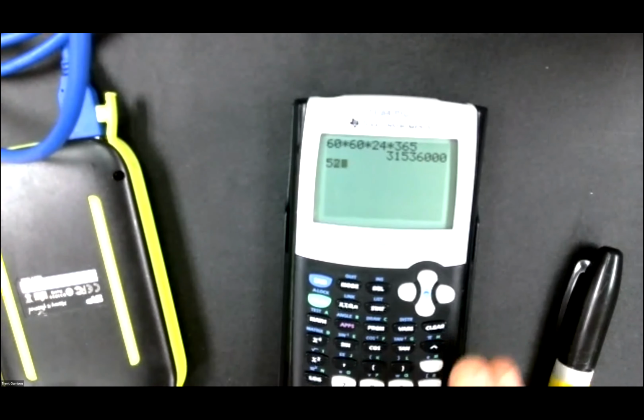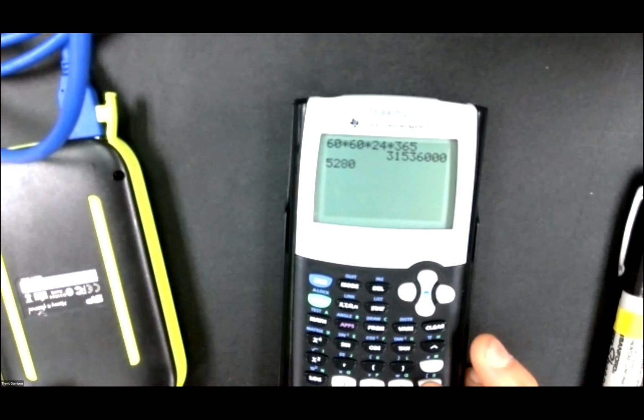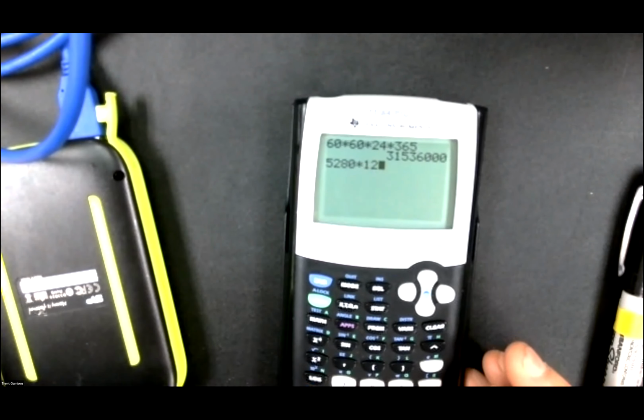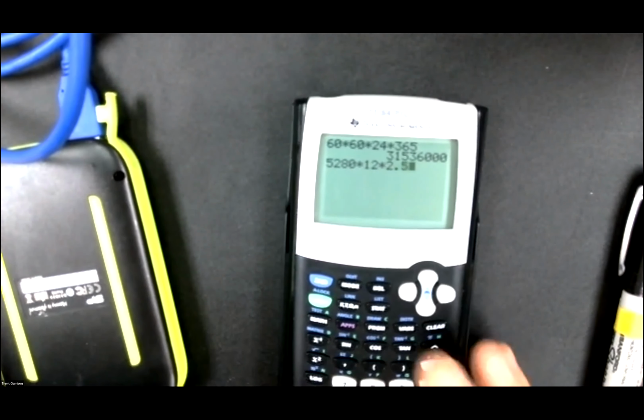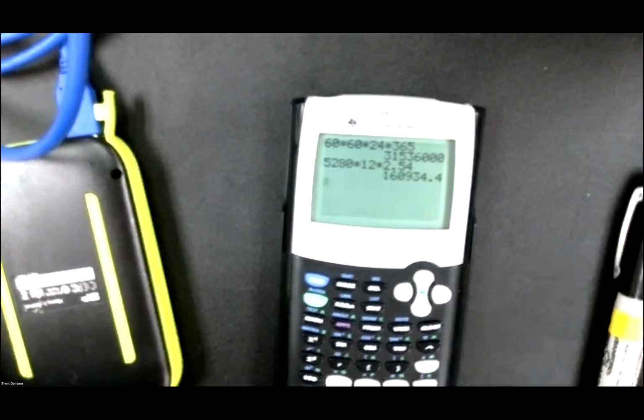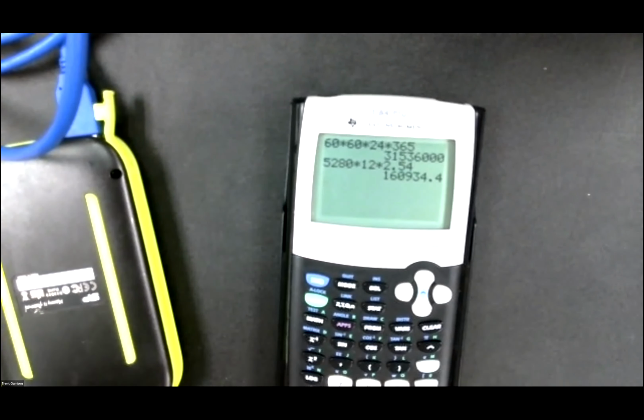So 5,280 feet times 12 inches in a foot times 2.54 centimeters per inch, and I get 160,934. I'm going to have to put that conversion in now.